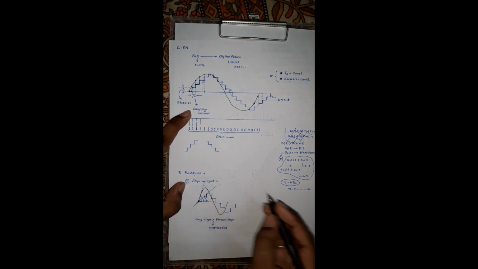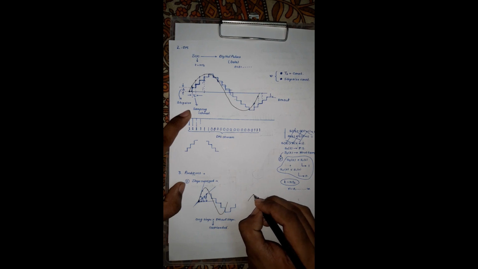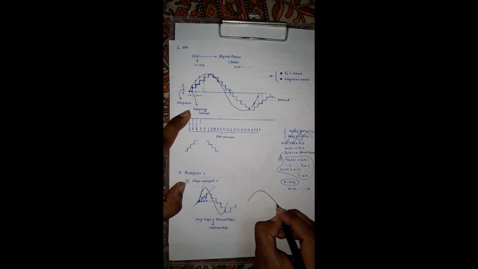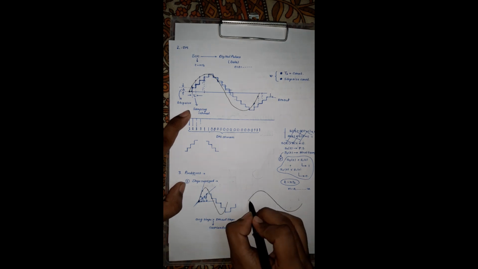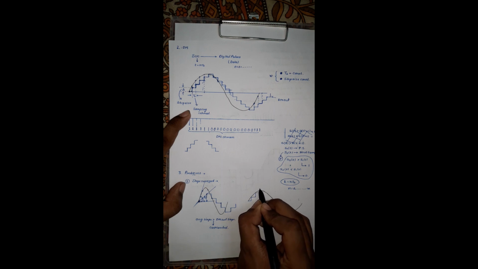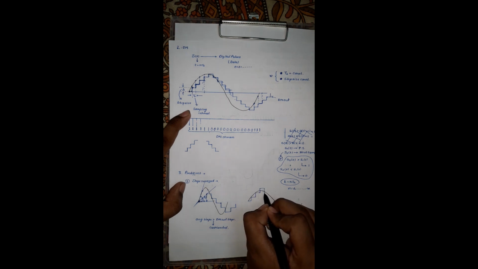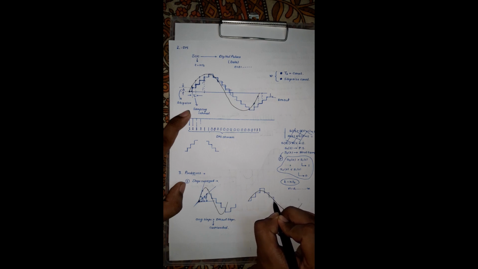And you will understand it better if the signal has less slope. If the signal has less slope, then you can see that the delta modulation can very easily follow this signal, even though it has a fixed step size as well as a fixed sampling time interval.